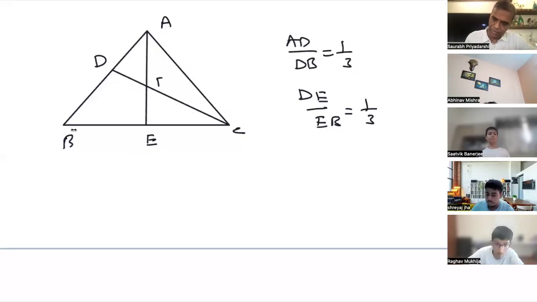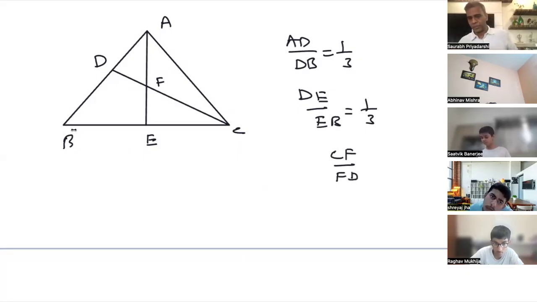Let this point be F. Now you have to find CF upon FD. Just see which triangle you have to take and how the cyclicity goes, how you have to circle this.